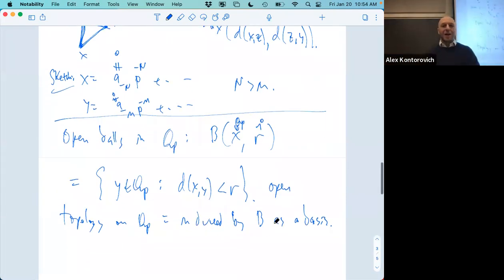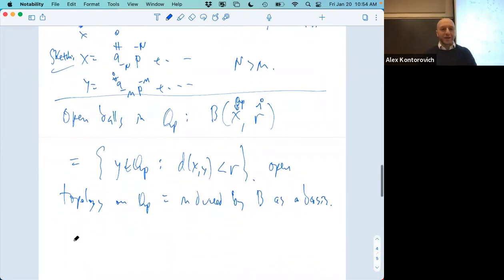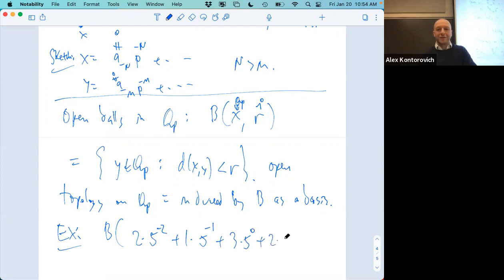Okay. Well, what is one of these balls? Here's another exercise. What is the ball in Q_5 around the point 2 times 5 to the minus 2, plus 1 times 5 to the minus 1, plus 3 times 5 to the 0, plus 2 times 5 to the 1, plus 3 times 5 to the 2, and so on, of radius a half.